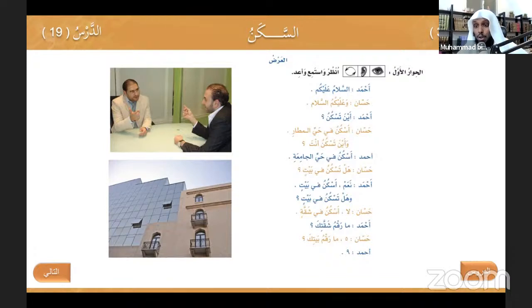Because a verb, like we mentioned last time, takes place at a specific time, at a specific place. So these two questions, أين and متى, where and when, are always valid when it comes to verbs, because every verb has a where and a when. Every verb.